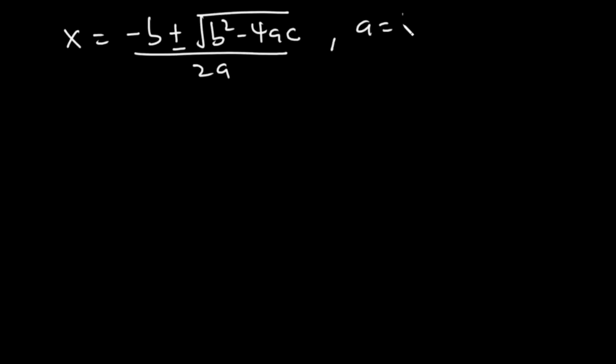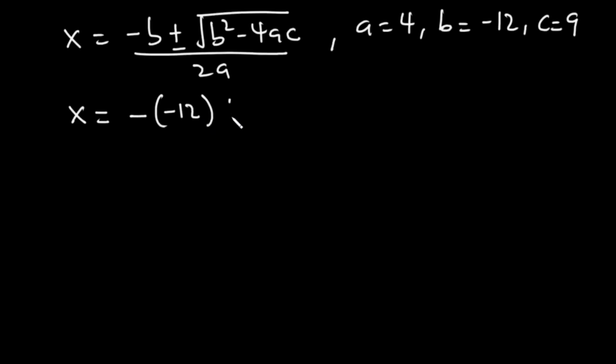A was equal to 4, b was negative 12, and then c was 9. So let's plug the values of a, b, and c into this formula. x is equal to negative into brackets negative 12 plus or minus the square root of 0 divided by 2a. A is 4.